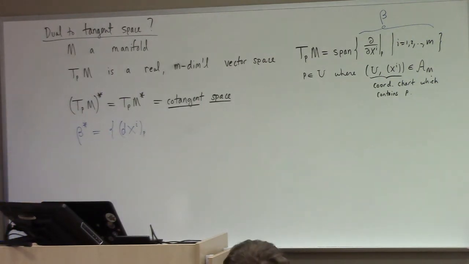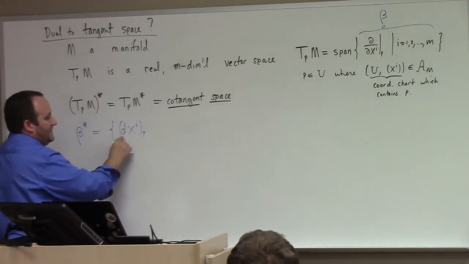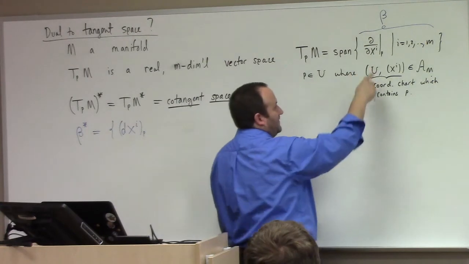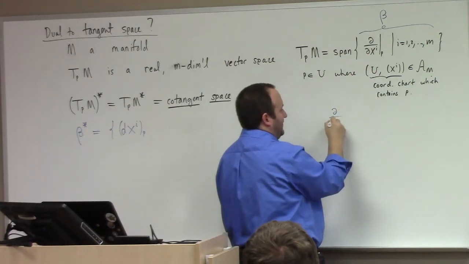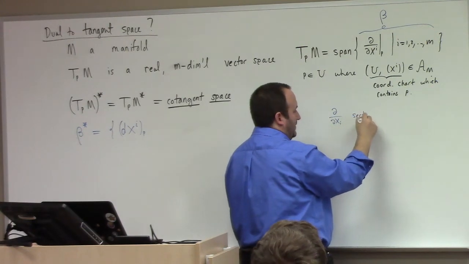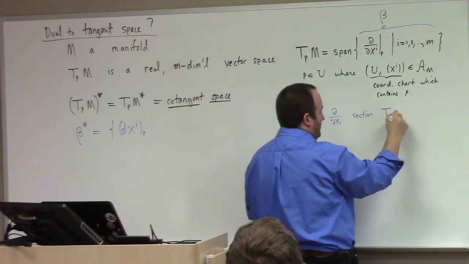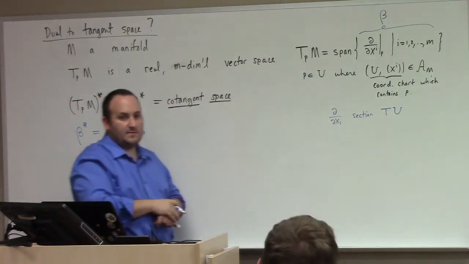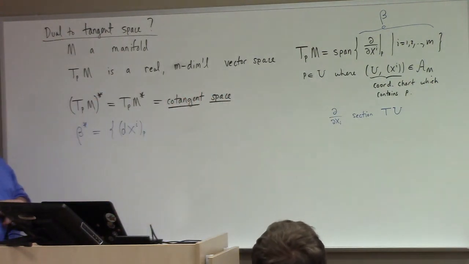It kind of depends on viewpoint. It's nice for the same reason it's nice to write the P here, because if you strip off the P, you can think of partial x^i as a section of the tangent bundle over U. It's a vector field on the coordinate system.